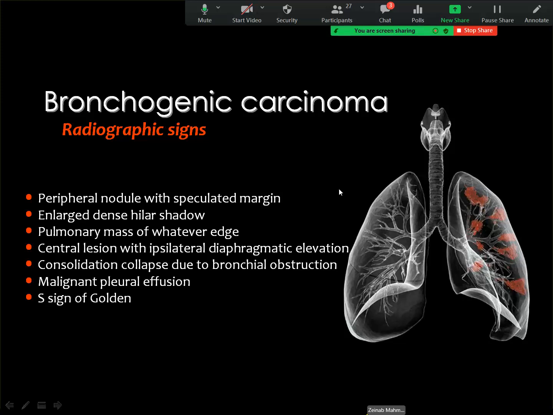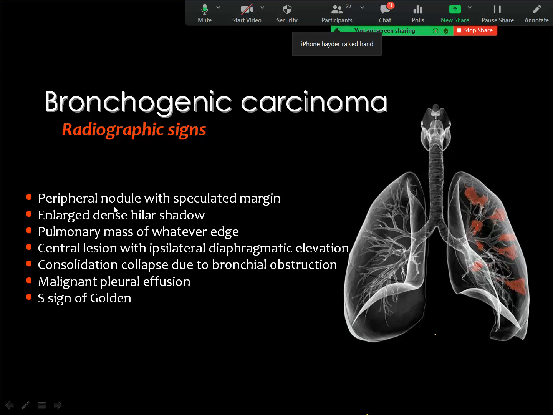Sometimes you are asked about the appearance of a bronchogenic carcinoma in the plain film: if a patient had a bronchogenic carcinoma, what do you expect to see in the plain X-ray? And these are the findings.